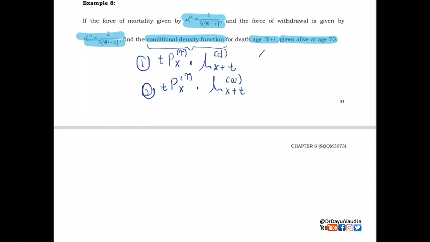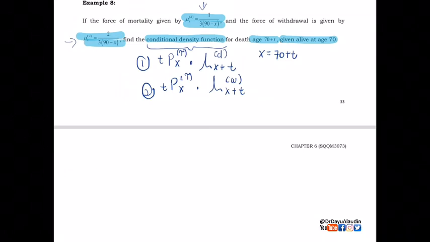So x is 70 plus t, given that alive at age 70. So we are given these two functions.